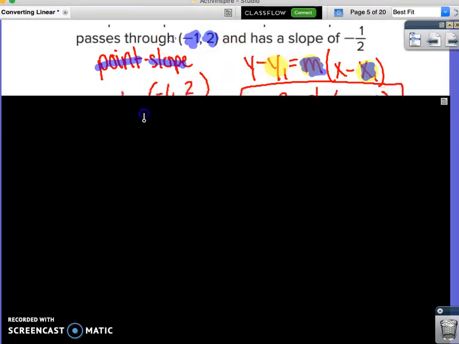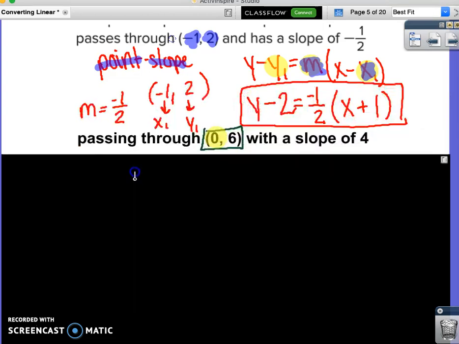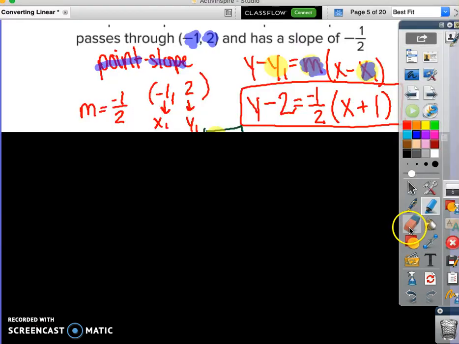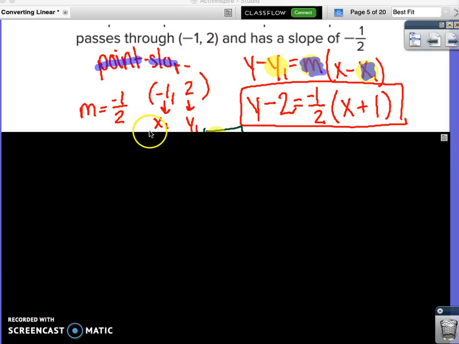All right. So it would turn into y minus 2. I'm just going to replace that with what the y is, and it's a positive 2. And I'm going to replace the m. The slope is negative 1/2, so it's going to replace the m.